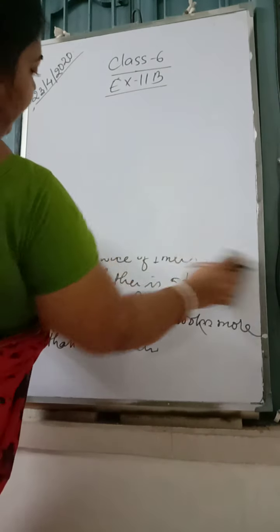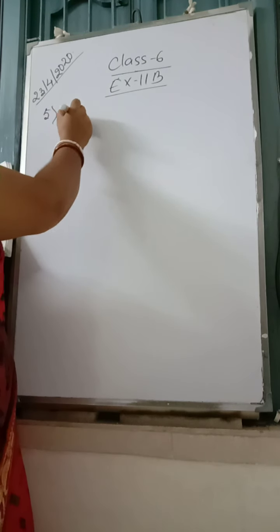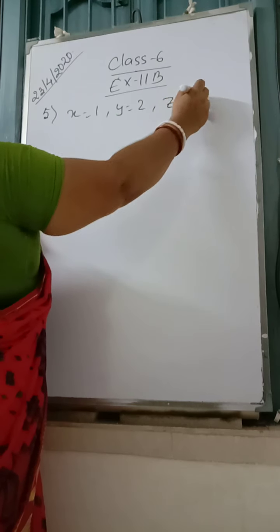There you have to find what is constant and what is variable. Yesterday I told you algebra is a combination of numerals and variables. A numeral is known as a constant here.